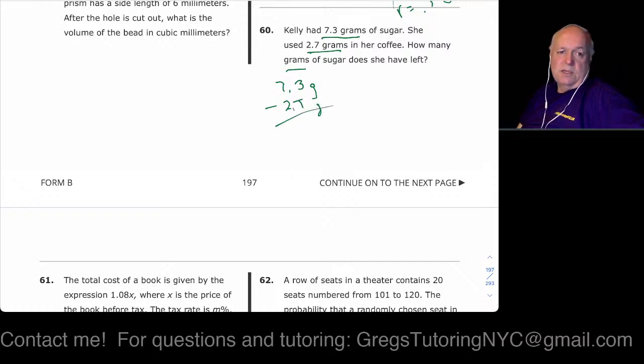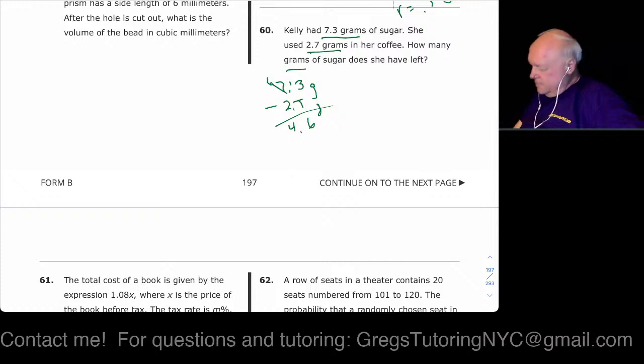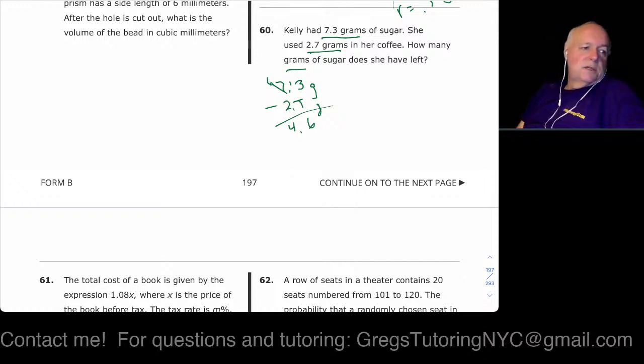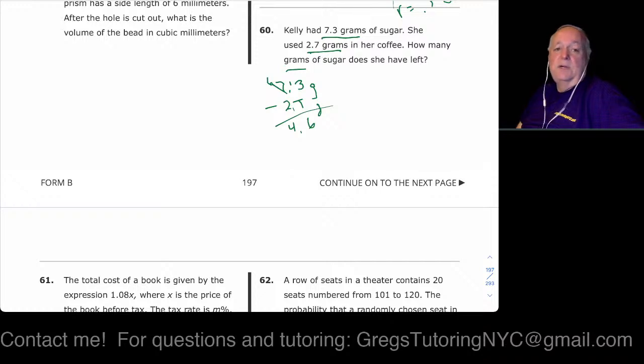It's just normal subtraction. We're going to take 1 from the 7 and make it 6. That's 13 minus 7 is 6 there. And this should give us 4.6, right? Okay, that's the answer. I just checked the sheet. And that's all they're looking for. There's no unit conversion.